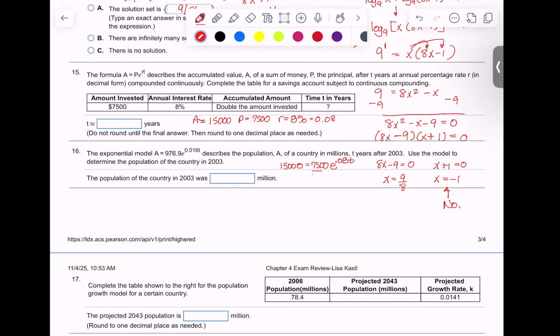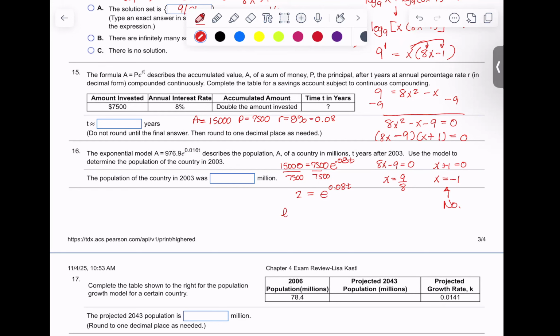So I'm going to divide both sides by 7,500. And it is no coincidence, by the way, that the left-hand side is 2. We are doubling our money. Okay, and then to solve this, we can write this as a logarithm, or we can take the log of both sides, which gives us the same result.